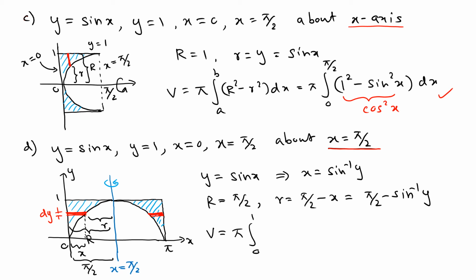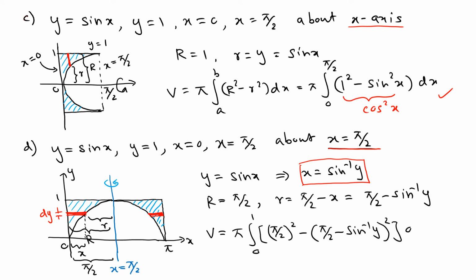That's the reason why you have to write everything in terms of y. The large radius is pi over 2, so you square that, minus the smaller radius, pi over 2 minus sine inverse y, squared, dy. Okay, so that is the setup of the integral.